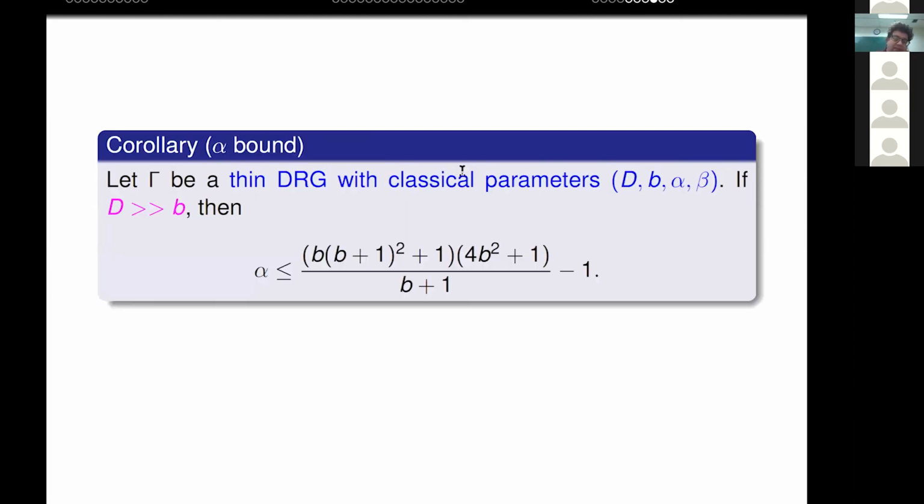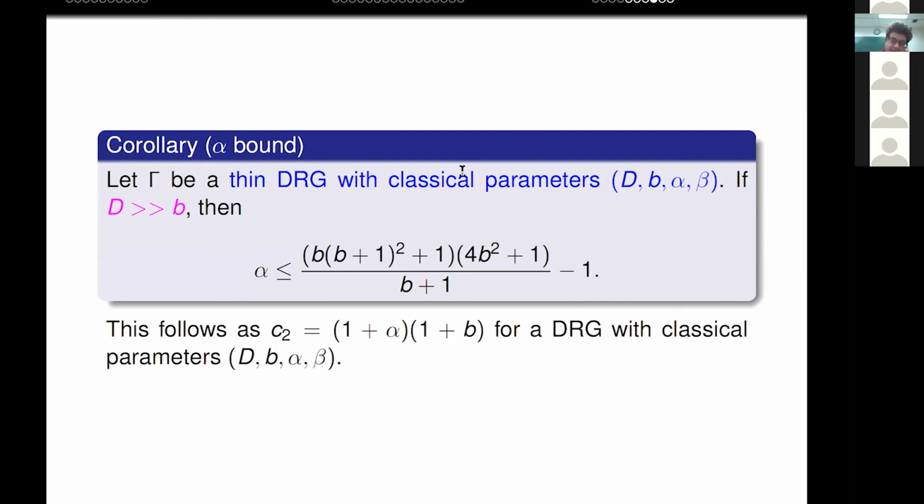And hence, if d is very large, then alpha is bounded by this function in b, about 4 times b to the power 4. Why is this true? Because c2 is 1 plus alpha times 1 plus b.